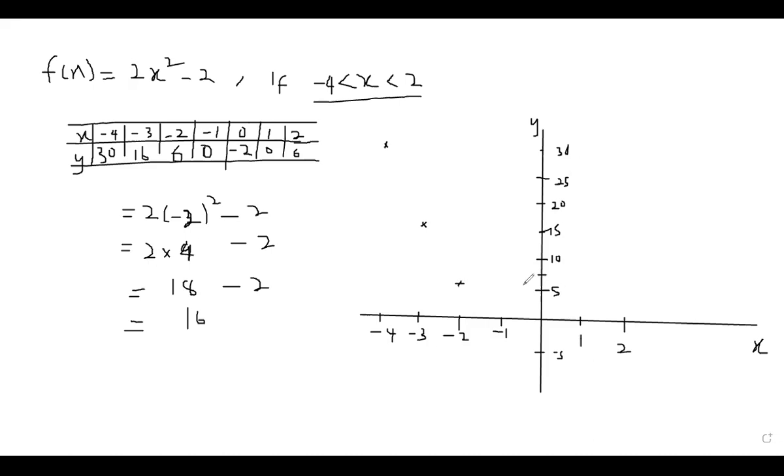Then -1 and 0. X is -1, Y is 0. Then we have 0 and -2. So -2 will be somewhere here. We have 1, 0. So X is 1, Y is 0. And finally, we have X is 2, Y is 6. So that should be somewhere here.